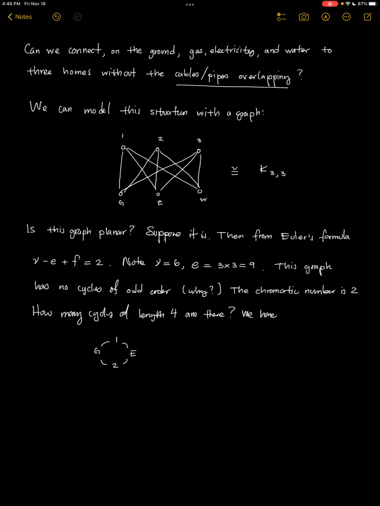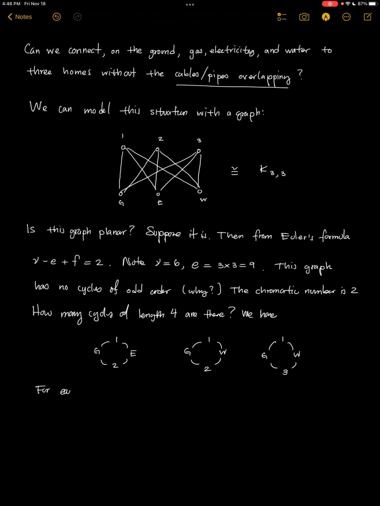Look, if I was to select 2 different utilities, I can provide another cycle like this one, G with W, that produces a new and different cycle. If I was to select another pair of homes, I would produce something along these lines. 1, 3, G, W.